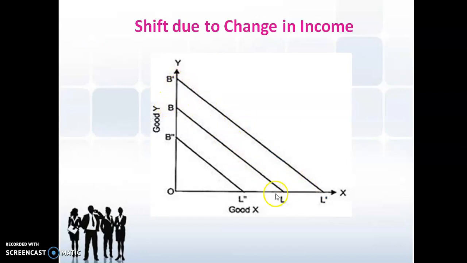Now, if this is the original budget line and the incomes of the people come down, then even if the prices of the commodities are constant, because affordability has come down, the consumption of the people is going to come down. Right now, the condition in the economy is like this.